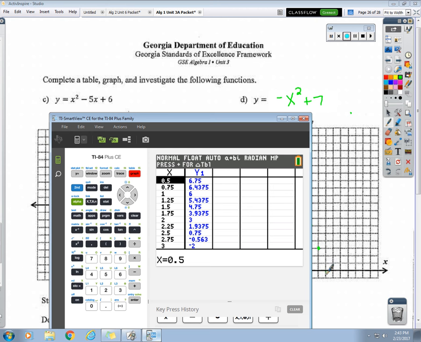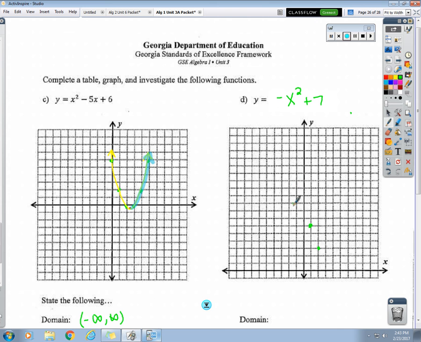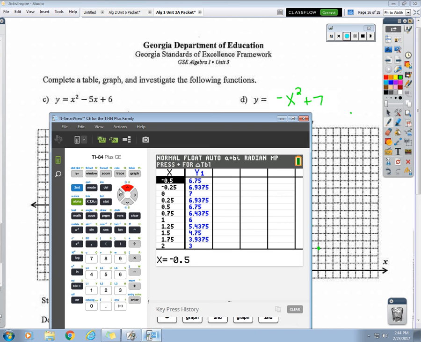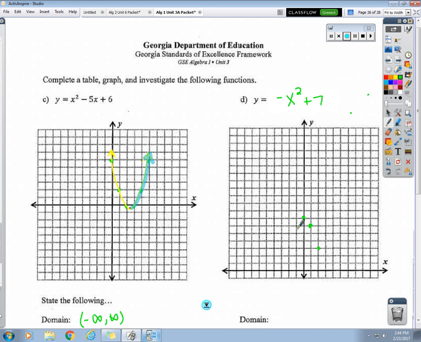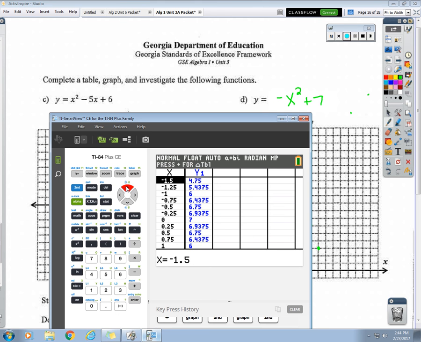3 negative 2 won't really fit because you can't go down 2. So let's go the other way and get some points over here. 0, 7. Negative 1, 6. And then negative 2, 3.